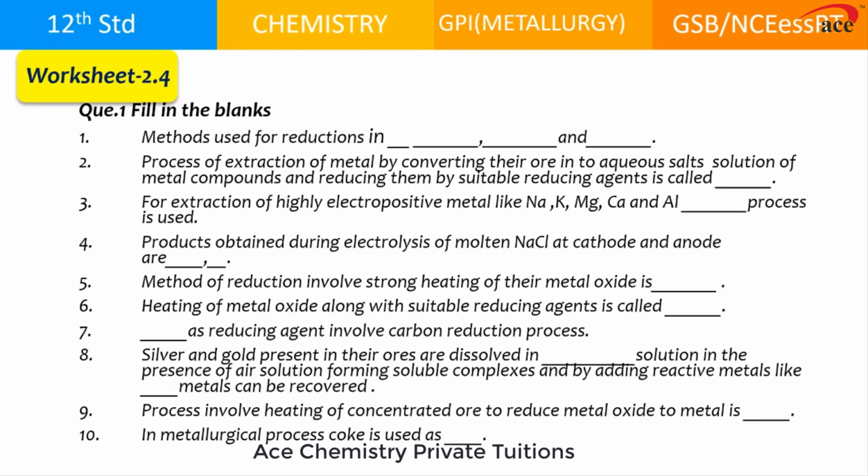If you see the first statement, they have asked the method used for reduction. Generally the method used for reduction depends upon the reactivity of the metal, and generally we use three methods. One is hydrometallurgy, we also use pyrometallurgy, and electrometallurgy.